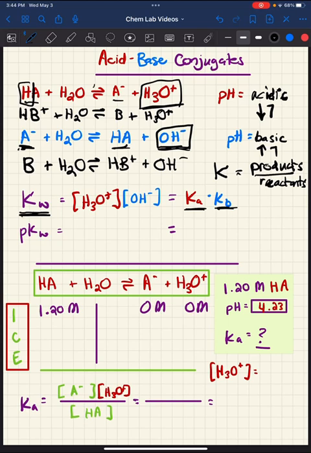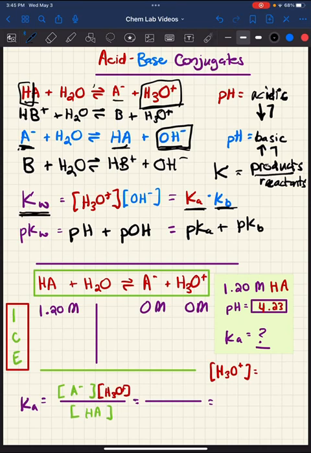So if we wanted to write this same expression of the Kw, but in the p form, we could write pKw is equal to the pH plus the pOH. And then if that is true, then also we can apply that to the Kas, and we could say pKw is equal to the pKa plus the pKb.